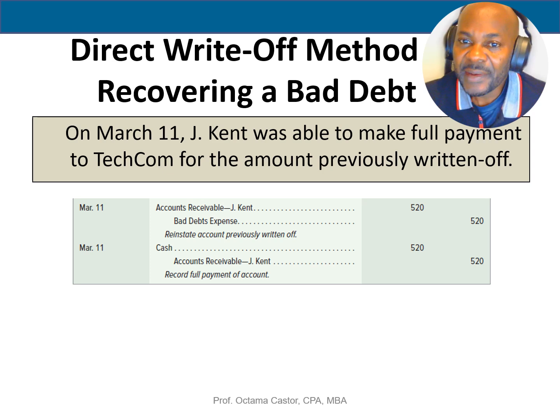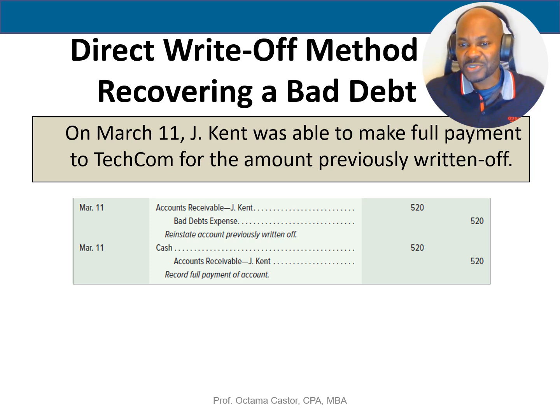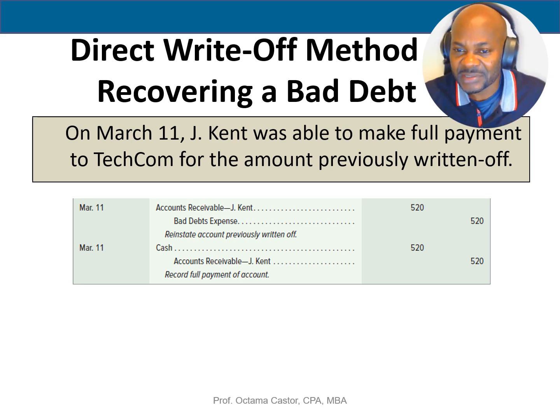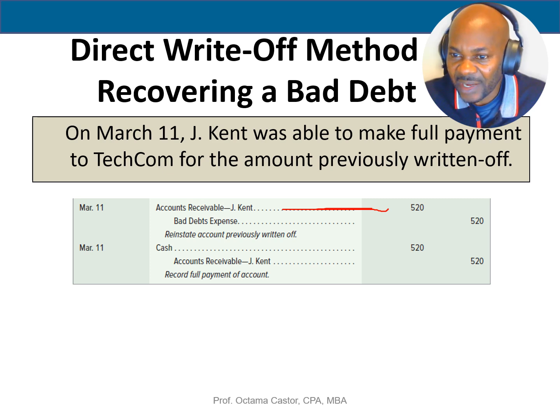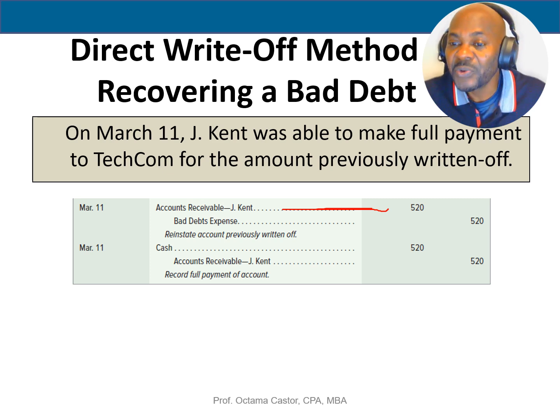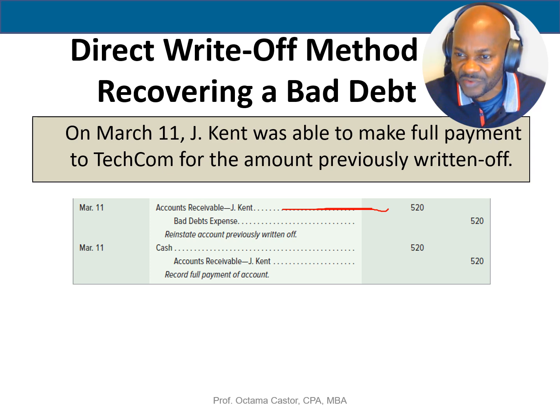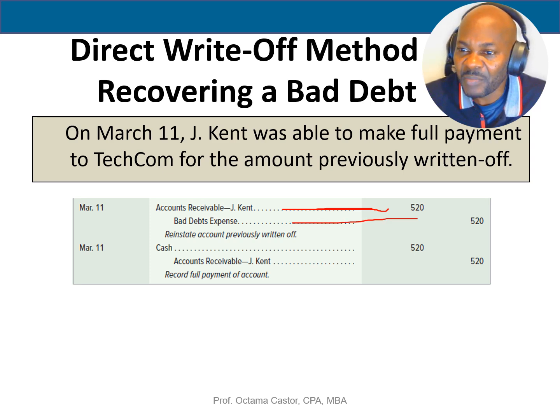Okay, and what happens after you write off an account receivable balance and that account becomes recoverable? So you collect on the account that has been written off. How do you deal with that? Well, the first entry would be considered a reversing entry of the write-off entry. If you look at this entry here, we debit accounts receivable, meaning we reinstate that account receivable for $520, and we credit bad debt expense.